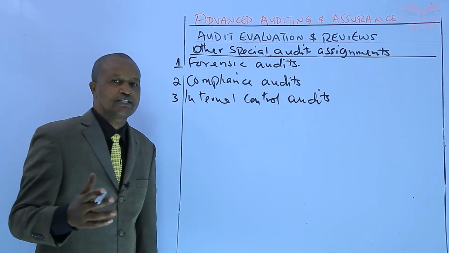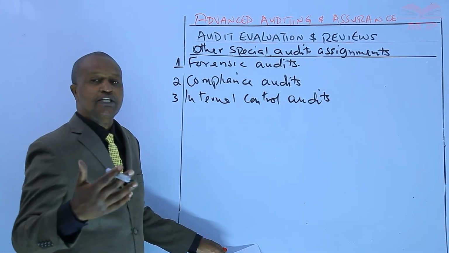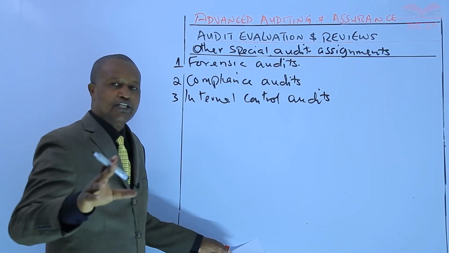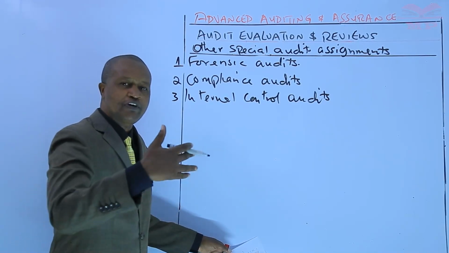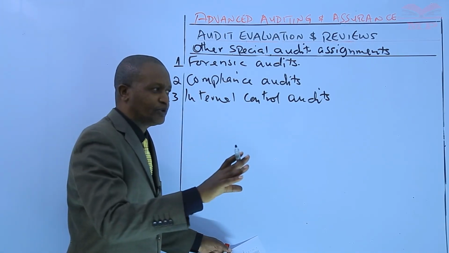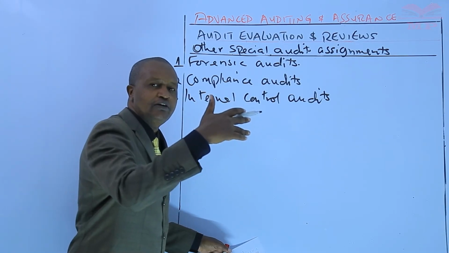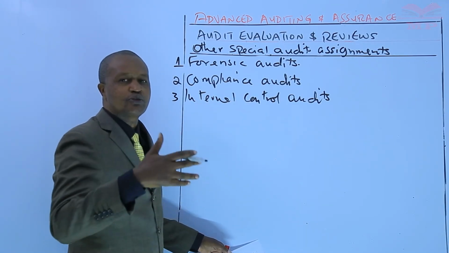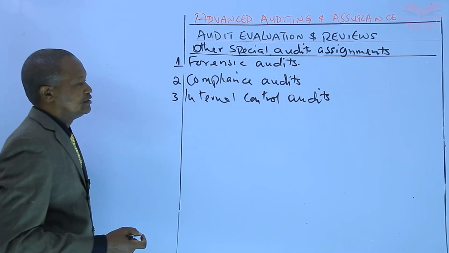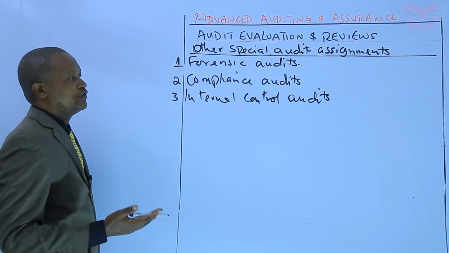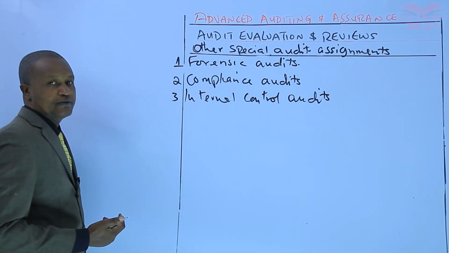And these audits assess the design, the implementation, and the operation of internal controls to provide assurance that financial reporting, operational efficiency, and compliance objectives are met. That's the objective of internal control audits.